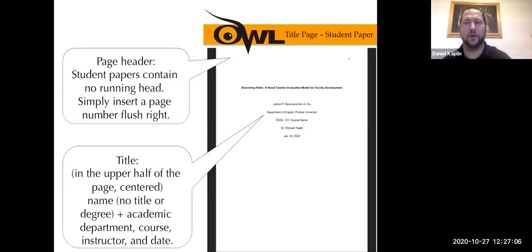So let's start with a student title page for many, many classes. You'll notice that the page number's on the right, but there's no header. Then you have the title in bold, because all level 1 headings are bold, and that extends beyond the body of the paper in APA 7th edition.